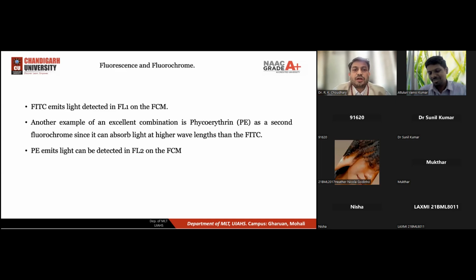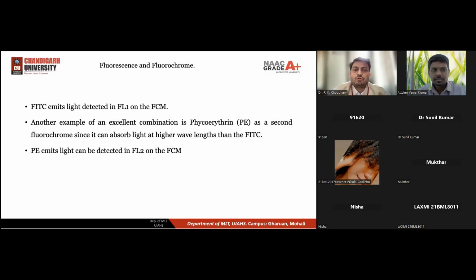Another example of an excellent combination is phycoerythrin, or PE, as a second fluorochrome dye. It can absorb light at a higher wavelength than the FITC. So according to what you need or what you want, you can change from FITC. If you need only cell viability and other basic structure, you can go with FITC.